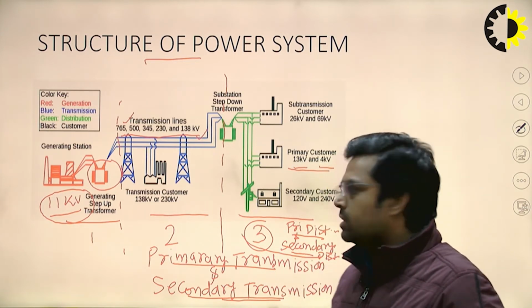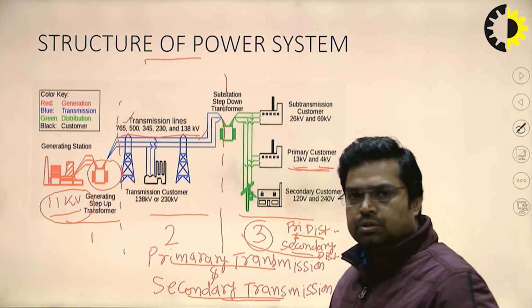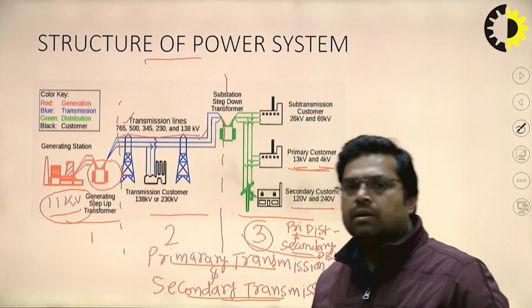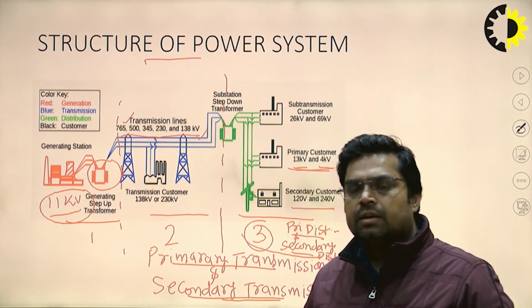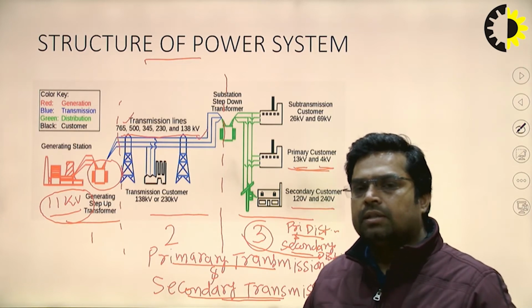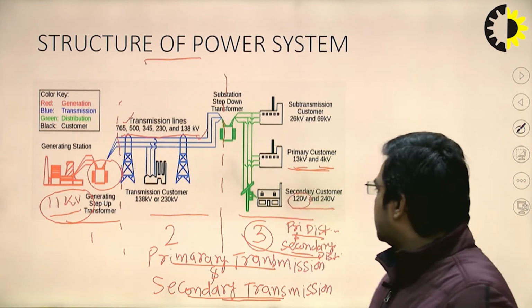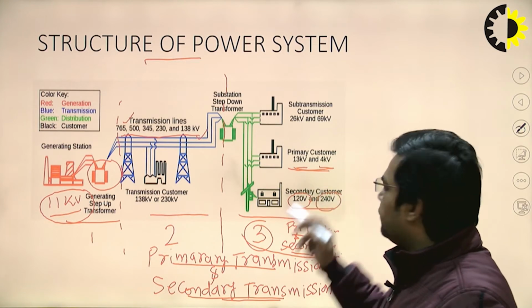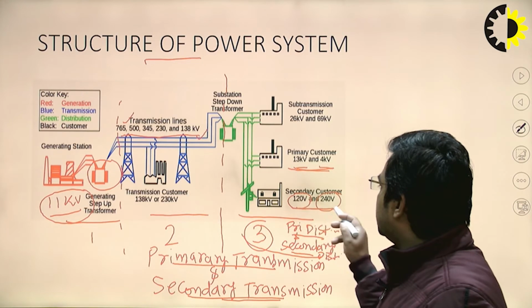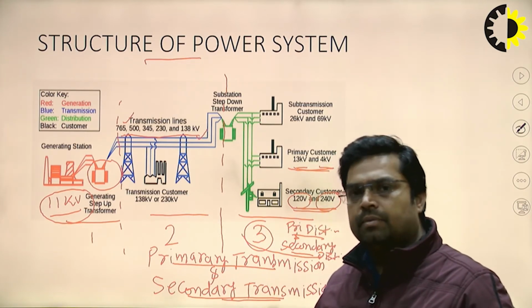This is the range at which primary consumers consume the power. On the secondary side, there will be consumers who can take load as single phase, or they can be operated as 3-phase load. Accordingly, it will be 120 volt for the single phase, and for the 3-phase, it will be 240 volt. Note, this is the range of single phase. We also have 3-phase 420 volt consumers.